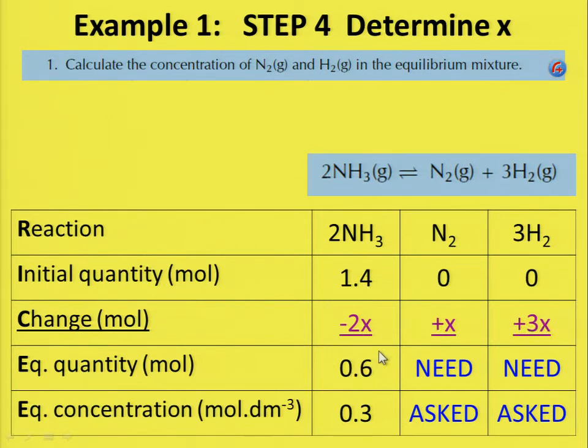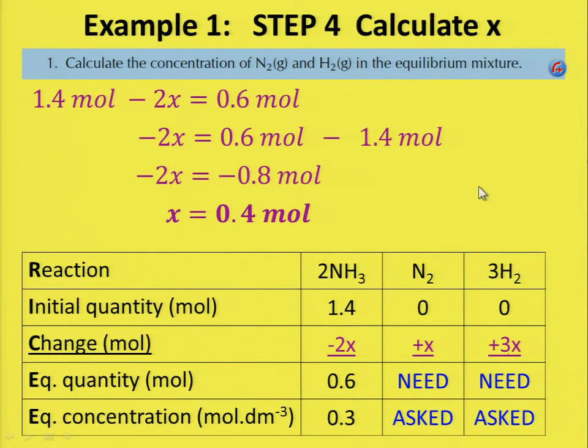Now, if you have this calculation, then you can do the math easily to determine x. So that's your next step. Calculate x. 1.4 moles, that's what you get there, minus 2x equals 0.6 moles that you get there. So now it's just solving the equation, simple maths, to get to x is 0.4 moles.